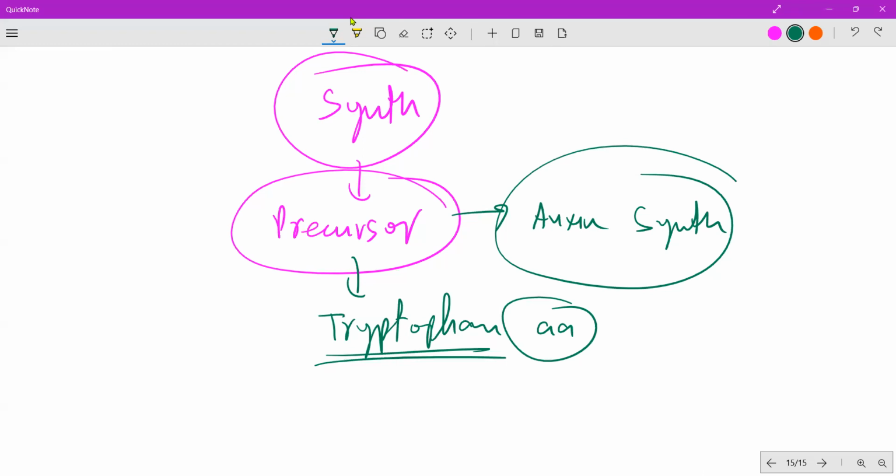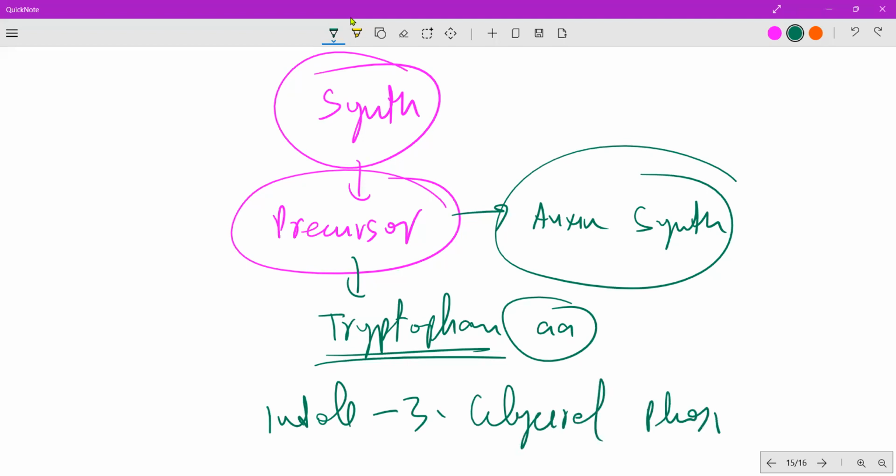Once an examiner gave a very smart option in a question, and that option was indole 3 glycerol phosphate. Tryptophan was not given as an option in that question, and they were asking which is the precursor for auxin synthesis.